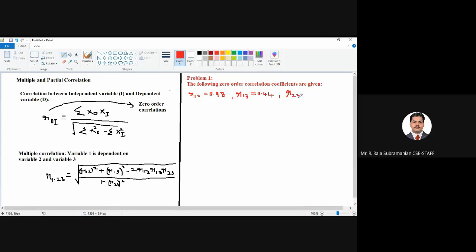If R is not given, that is zero order correlation is not given, at least the summation values will be given, and you need to calculate using the zero order correlation formula.